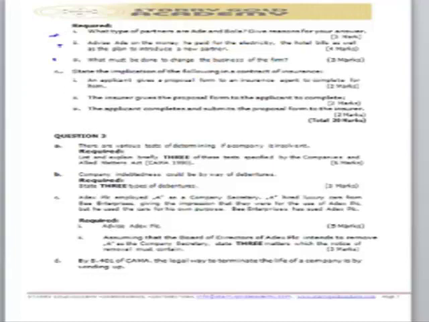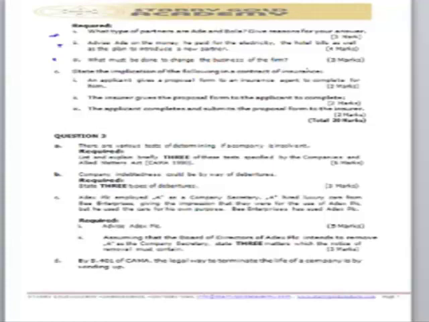And also when you look at C, it says state the implication of the following contract of insurance. This one has to do with the contract of insurance, and the implication means who is liable.